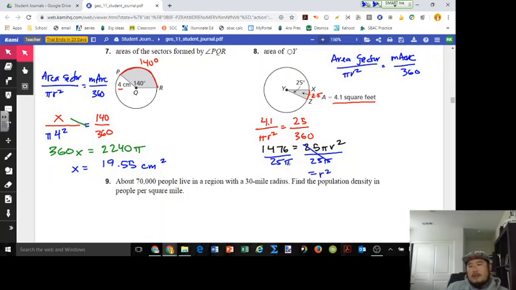Okay, so now let's figure out what r is, and you can square root both sides. I'll give you a few moments to do that. You may have to put 1,476 divided by 25 pi, and put some things in parentheses in order for it to work out correctly.